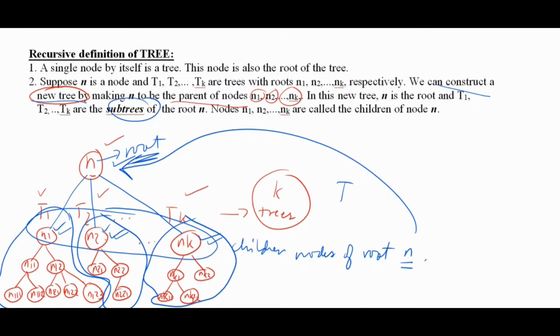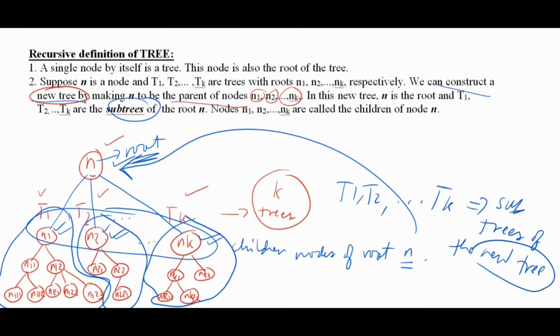So T1, T2 up to Tk are now called subtrees of the new tree, where n is the root, and n1, n2 to nk are the children nodes of root n.